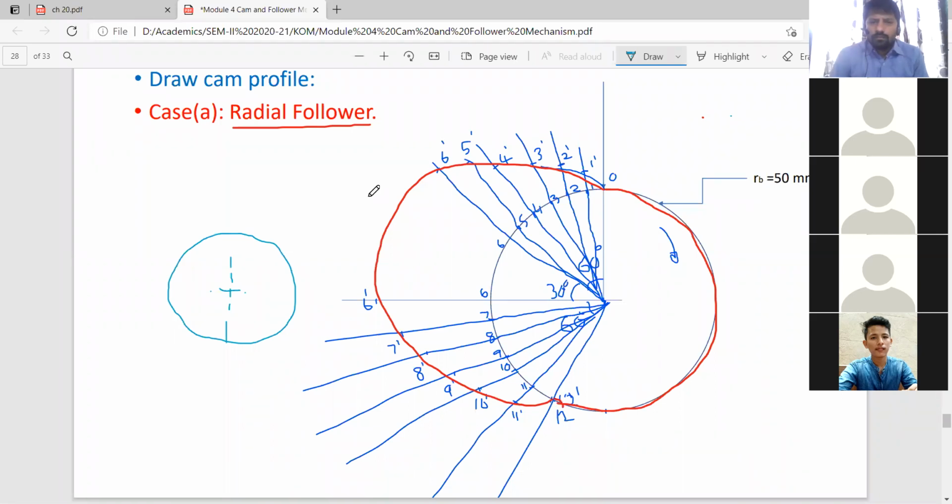Done, sir. Okay, so it is your solution for a radial knife edge follower.